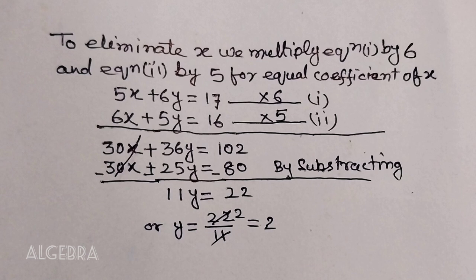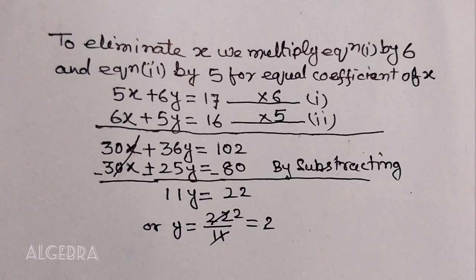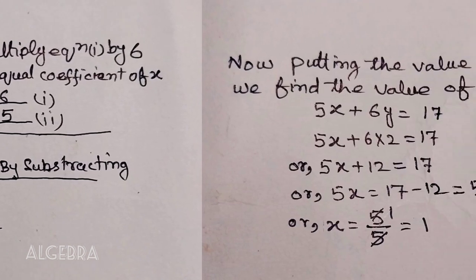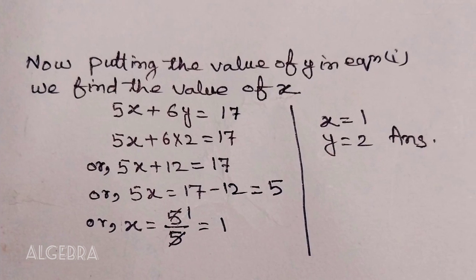By subtracting, 11y is equal to 22, or y is equal to 22 by 11 is equal to 2. Now putting the value of y in equation 1, we find the value of x. 5x plus 6y is equal to 17. 5x plus 6 into 2 is equal to 17, or 5x plus 12 is equal to 17, or 5x is equal to 17 minus 12 is equal to 5, or x is equal to 5 by 5 is equal to 1.